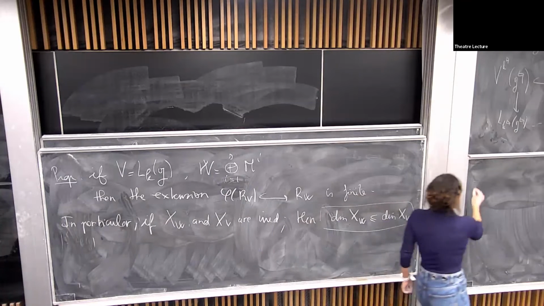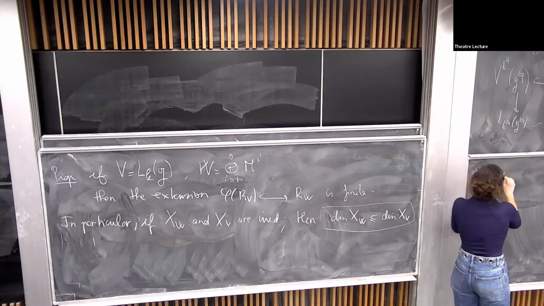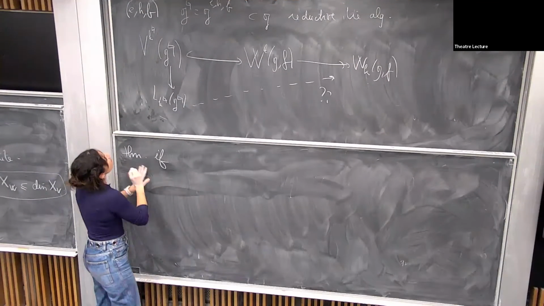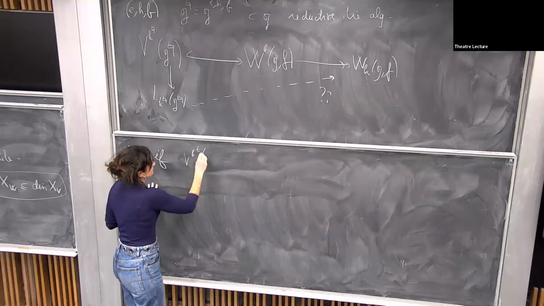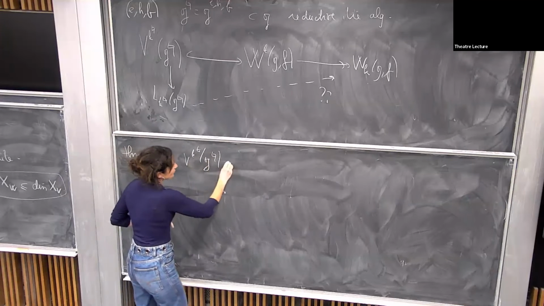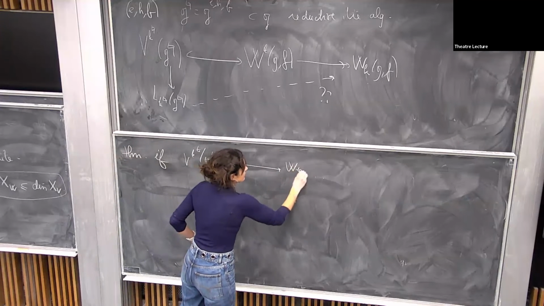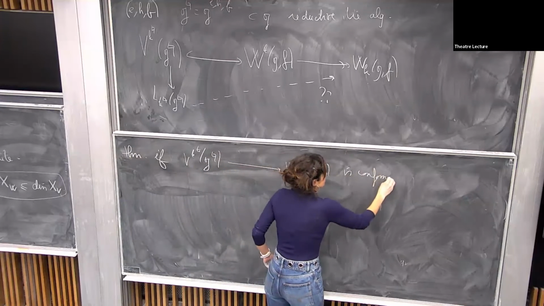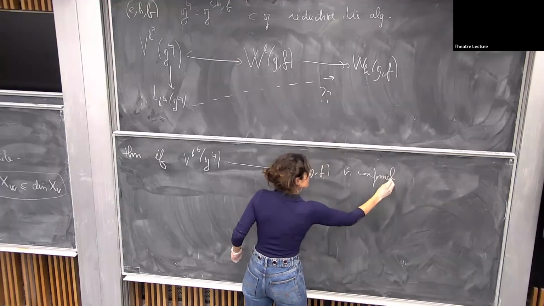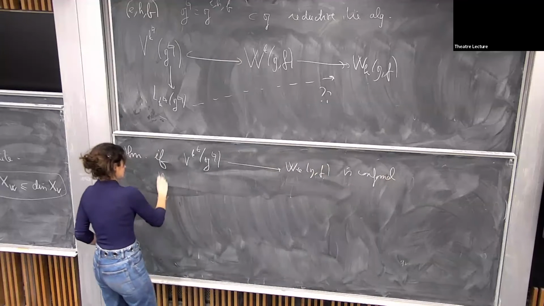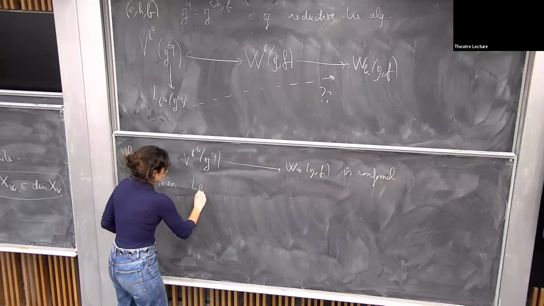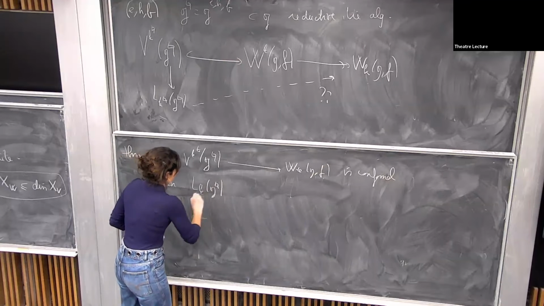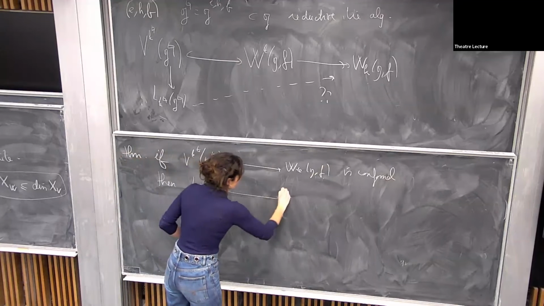So yeah, I state it like that. If the composition map is conformal, then we have an embedding like this.